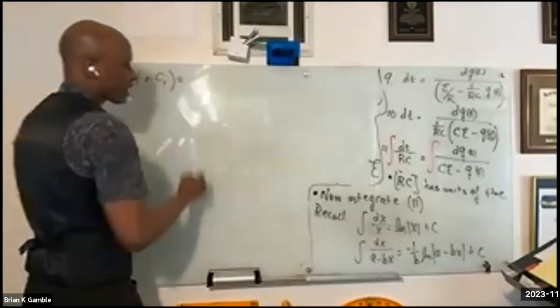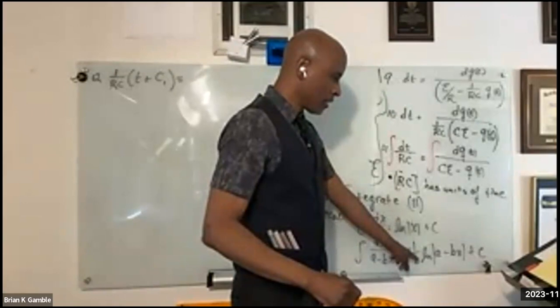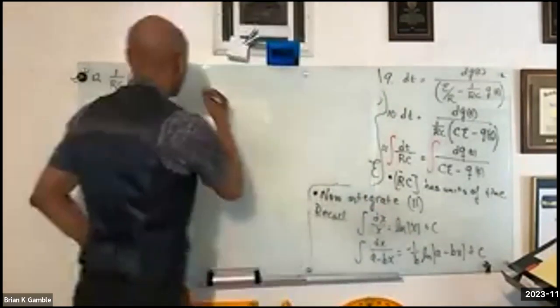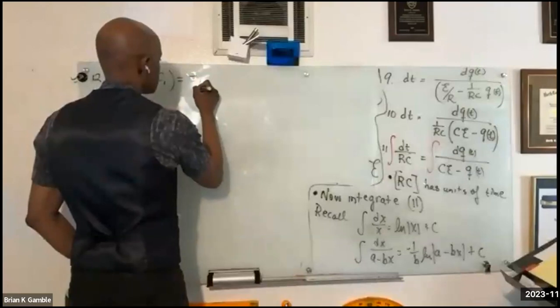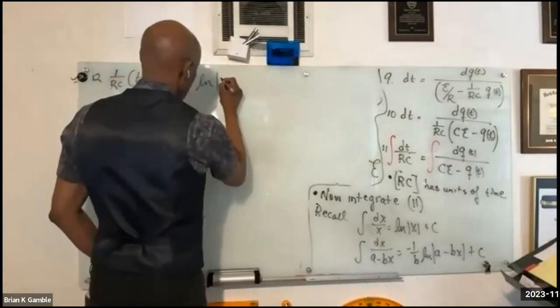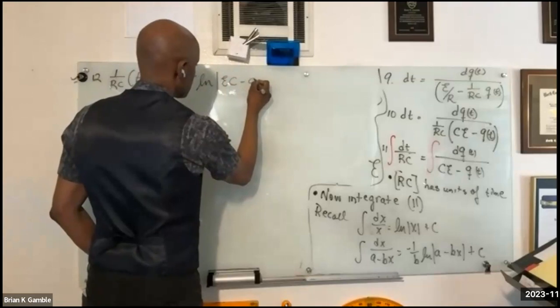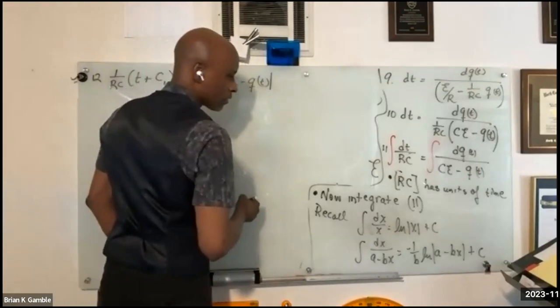And on the right side, I'm going to basically have to apply this formula. And if I do that, I'm going to have minus the log of quantity E times C minus Q of T, plus a constant.